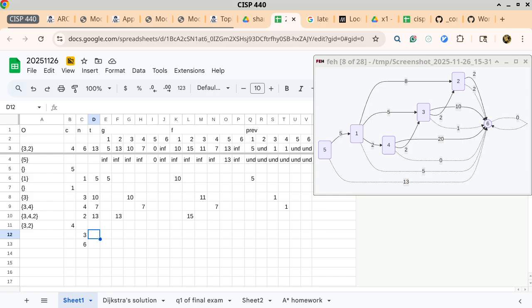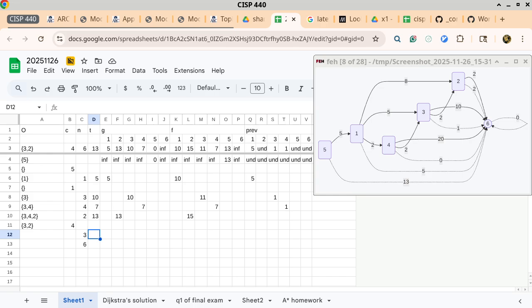Okay? So once again, we're trying to calculate the value of t, which is the g value of 4 plus the distance of the edge for 3. So what would that be? Well, we can just look it up. Look at the g value of vertex 4. It is currently a 7.